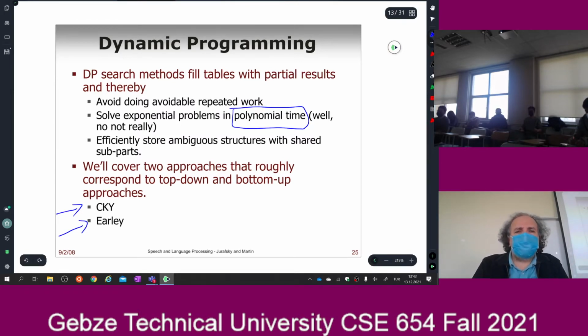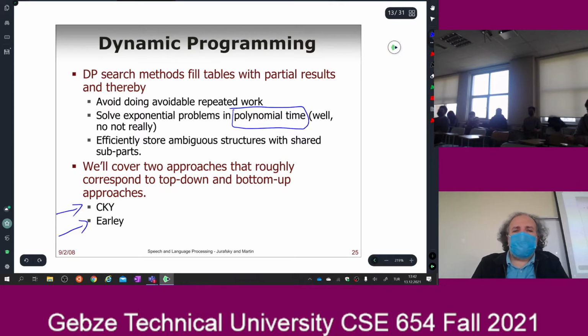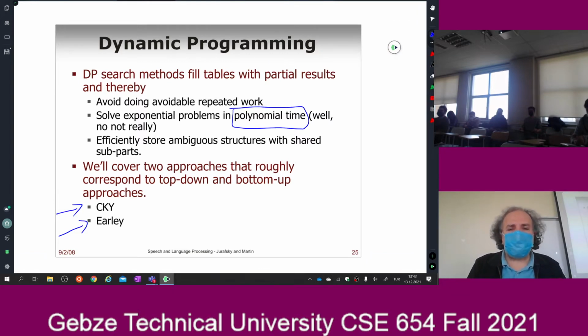Both of them are polynomial time, depending on what you define as your basic unit of processing, but not exponential time. They try to fill in a table, a two-dimensional table and a one-dimensional table, and they can produce ambiguous structures as well. So that's nice.